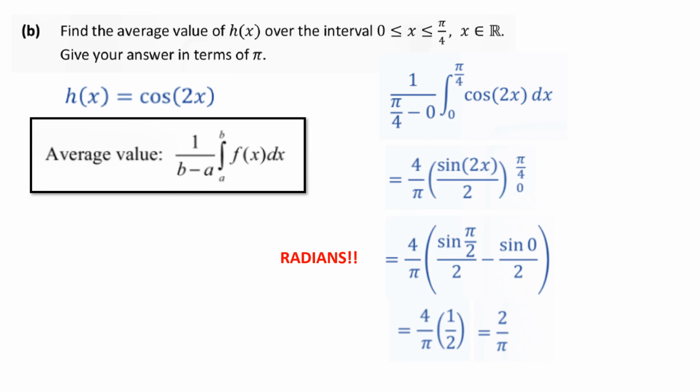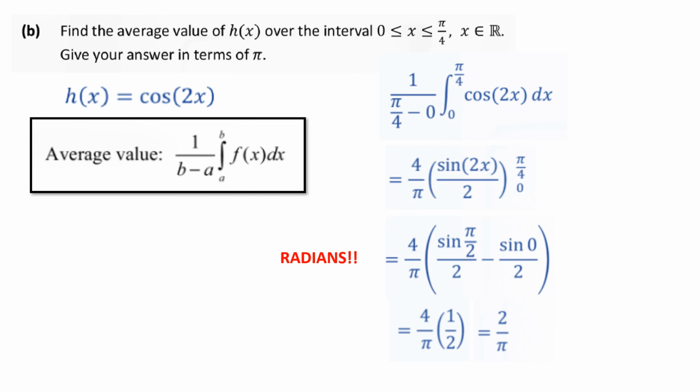Sometimes your calculator won't give you the answer back in terms of pi. So when we're working with fractions and pi is in the denominator, so for example, 4 over pi multiplied by a half, you're going to have to do this yourself, or you're going to have to ignore the pi in your calculator, so put in just 4 by a half, and that's 2, and then put the pi back in under the line.